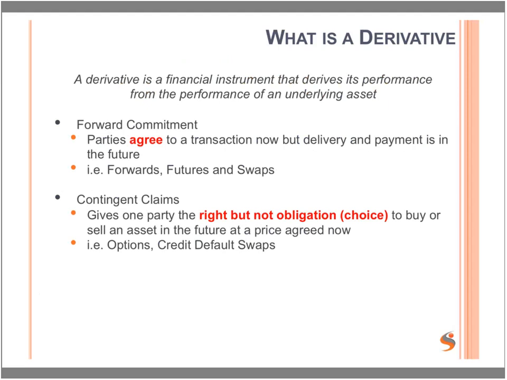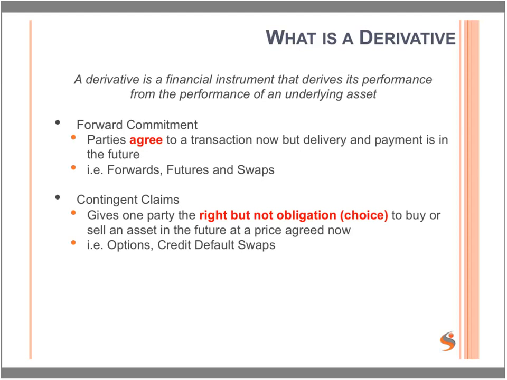So what is a derivative? It's a financial instrument that derives, that's why it's called derivative, its performance from the performance of an underlying asset. So the value of a derivative will depend on price movements in the underlying asset. We have 2 different types, forward commitments and contingent claims.